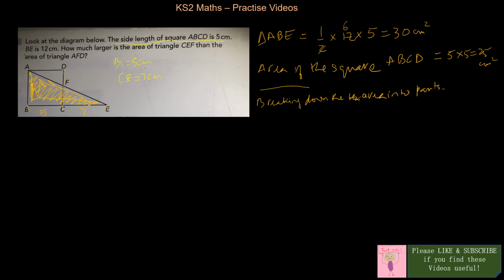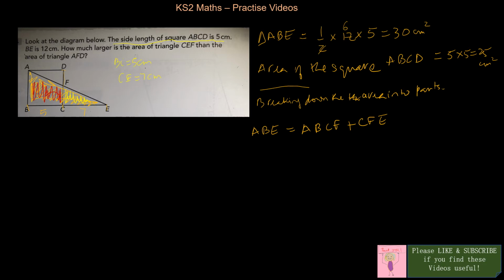So what that means is ABE equals ABCF, which is a quadrilateral or trapezium, plus CFE. Okay, because, do you get it? It's equal to this one, ABCF, plus this one, CEF.